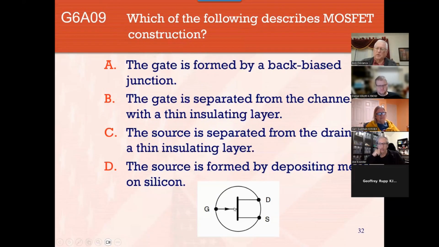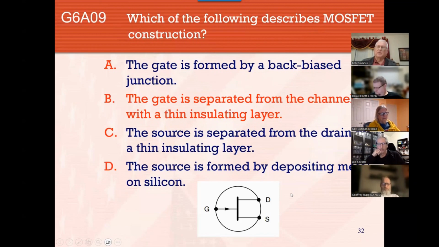And then this gate comes in on top of that with another little element so that it's actually working magnetically more than anything else. So there's a thin insulating layer between the gate and the rest of the conducting part of the transistor. So that means B is going to be the answer. It's separated from the channel by a thin insulating layer, which lies right in there.